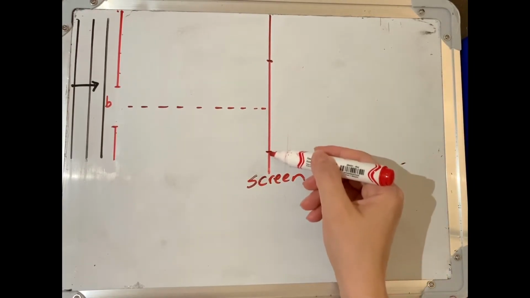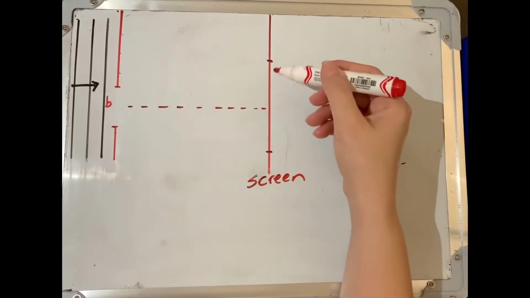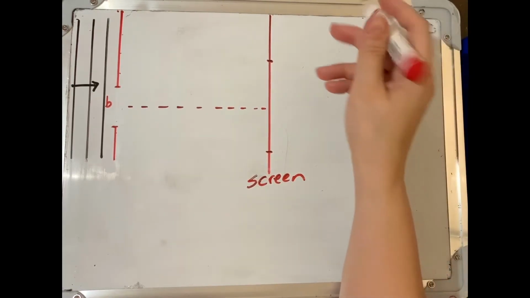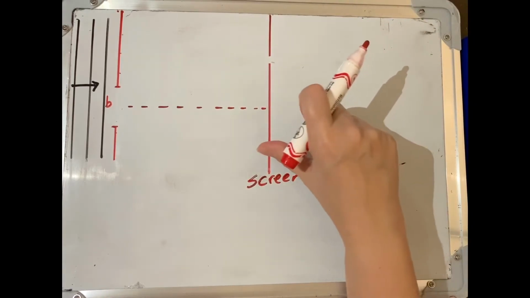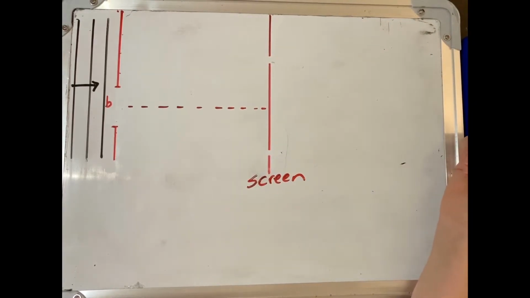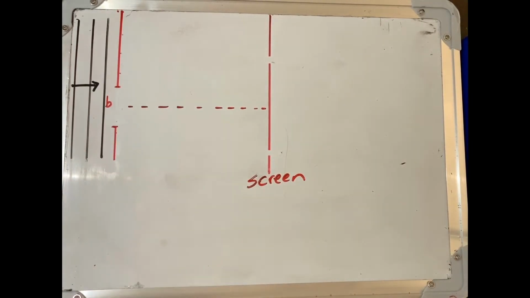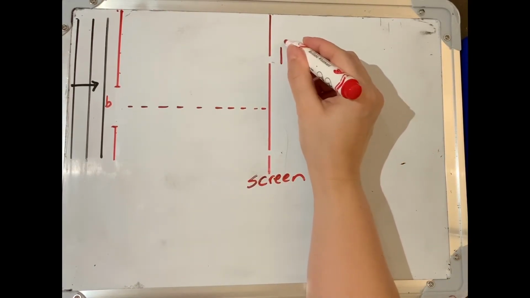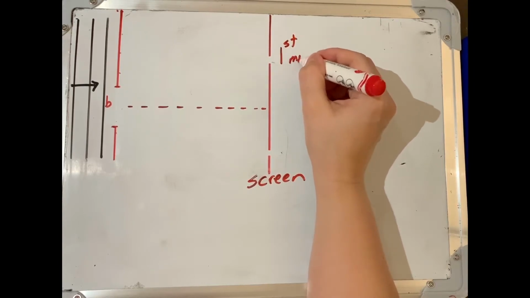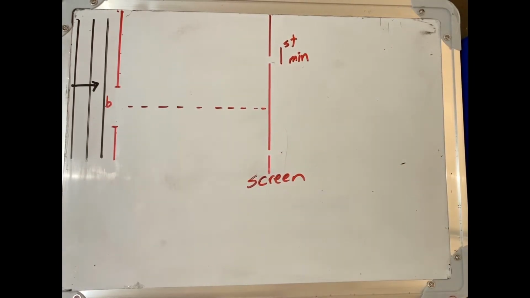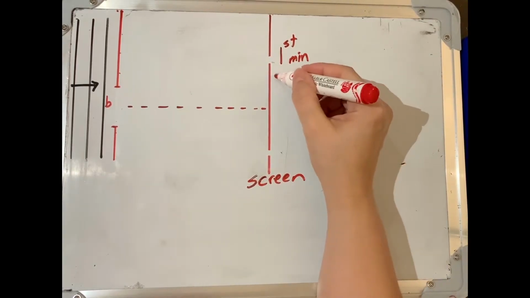We call this the central bright region, and the limit, the ending of that central bright region, is our first minimum, the first destructive interference due to all of these point sources that form this gap. So I'll label that as my first minimum. There's another one over here. Please remember from interference lesson that the path difference for the first minimum should be half wavelength.